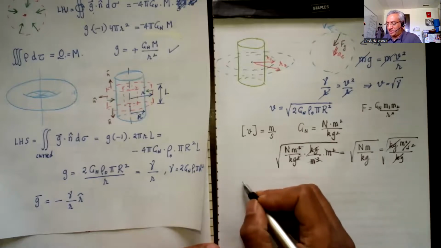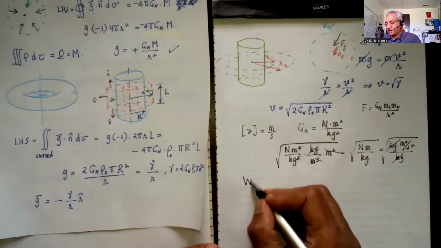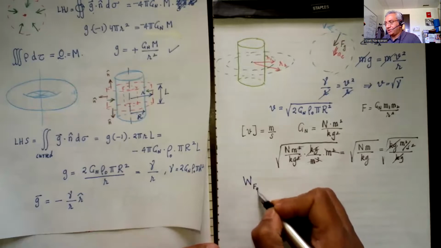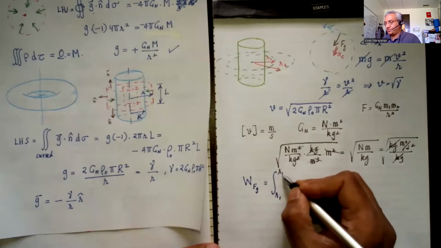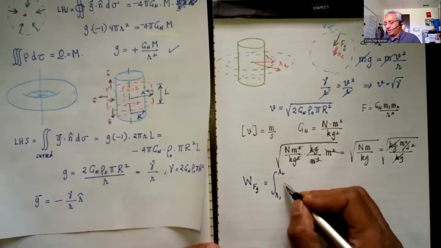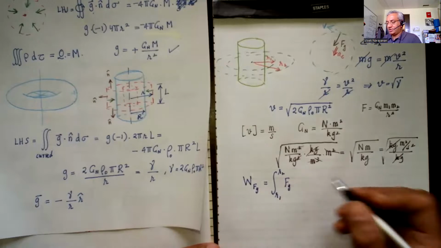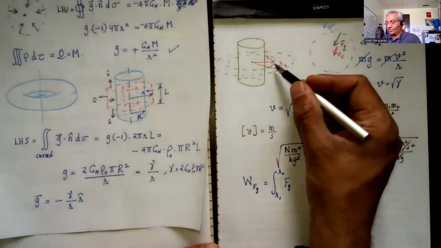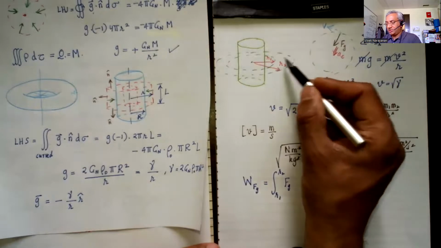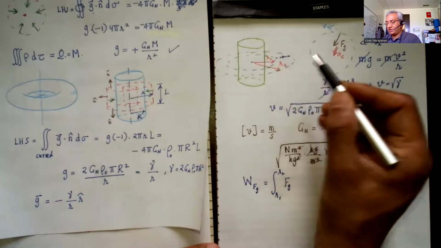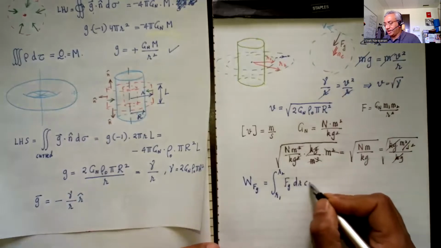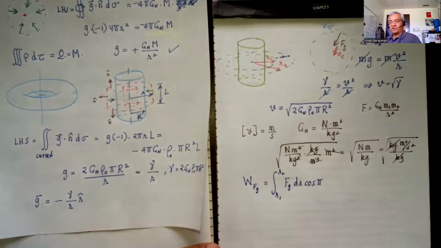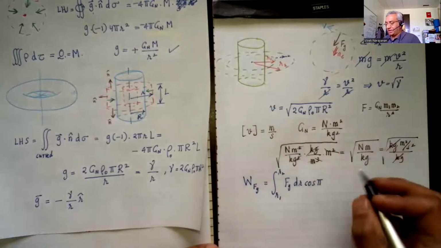The total energy, for that you would find a potential energy. So the work done by the gravitational force, Fg, let's find the work done going from R1 to R2. Well, that's just going to be Fg, and the path we are taking to integrate to find the work is outward. So that's Fg times dr times cosine pi, because of the difference in directions.